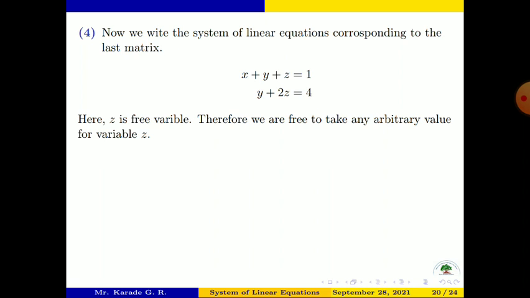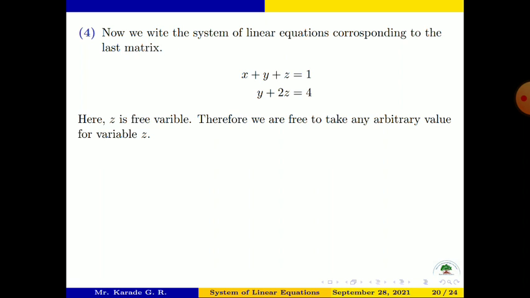Why are we taking z as a free variable? Because the column corresponding to variable z in a row equivalent form has no leading one. That's why we treat the variable z as a free variable, and z is a free variable means we are free to take any arbitrary value for that variable z.